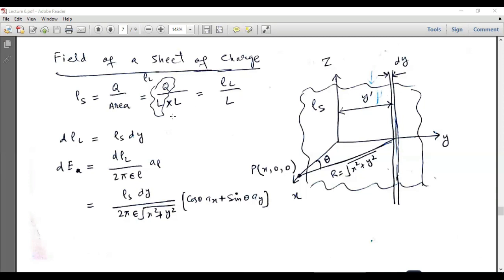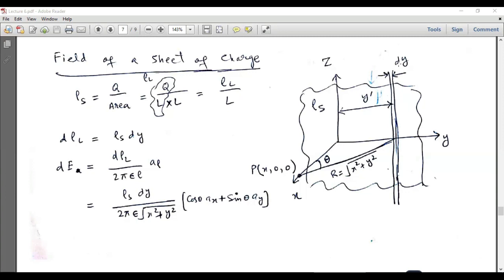And before deriving the expression for electric field due to a surface charge, we will consider that a line charge is distributed along this differential element. So this is the differential length, and along this length the charge is distributed in the form of a line charge density, and this entire y-axis is divided into infinite segments, and one segment can be considered as a line because the width of this segment is very small.